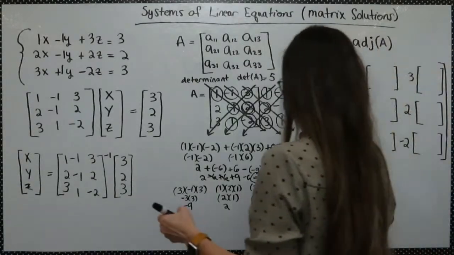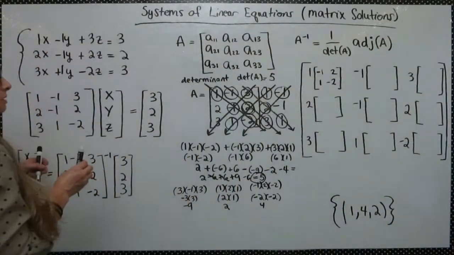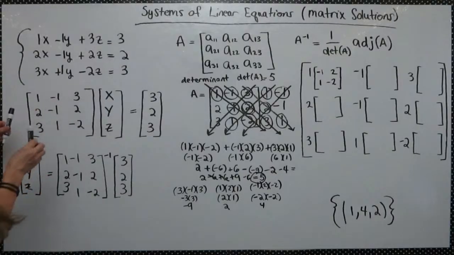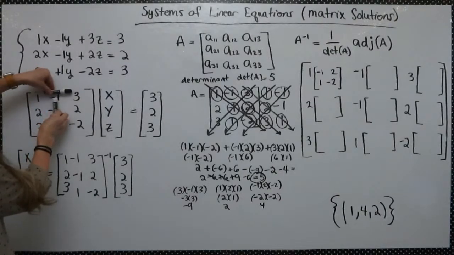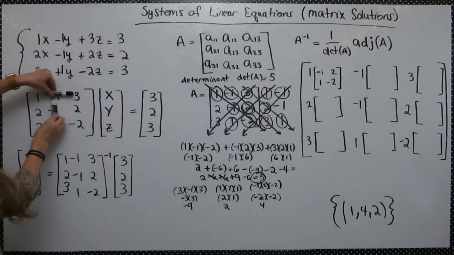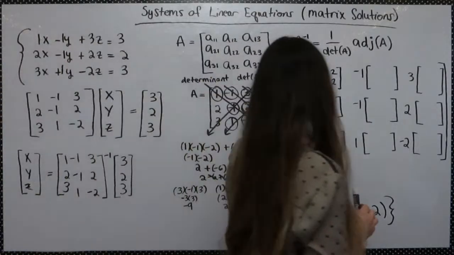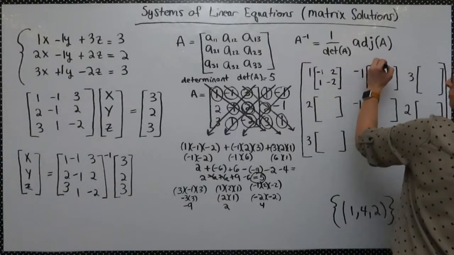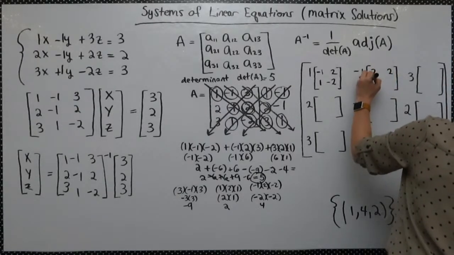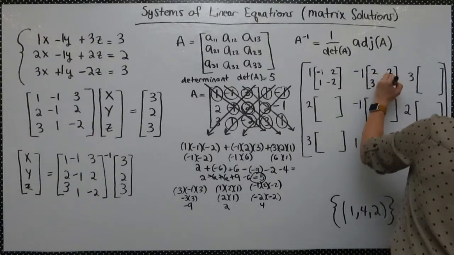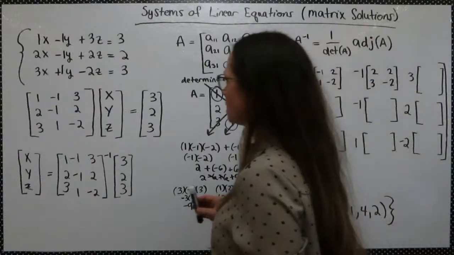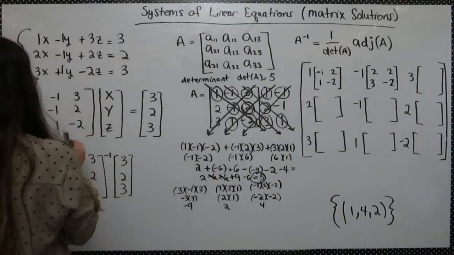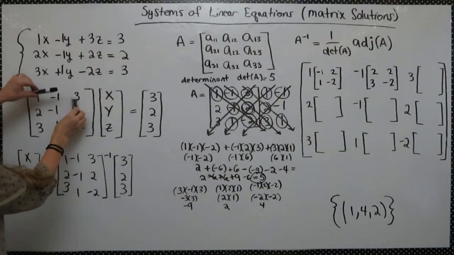And then I'm going to do the same thing. If I want this position next, then I'm going to cross out this row and this column, and my cofactors are 2, 2, 3, -2. Now I'm going to take this third position, and we're going to cross these out.